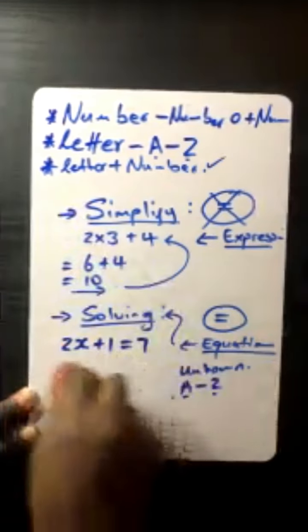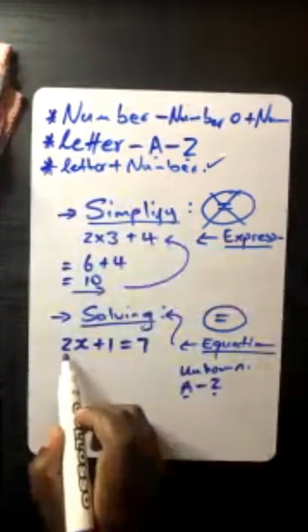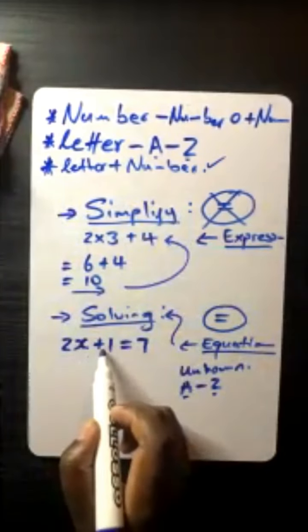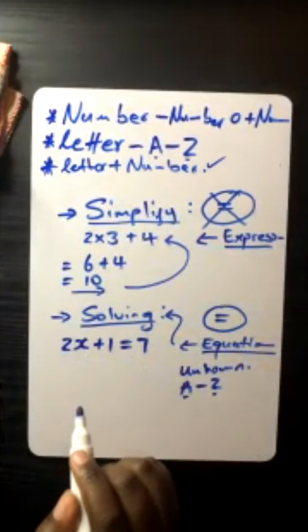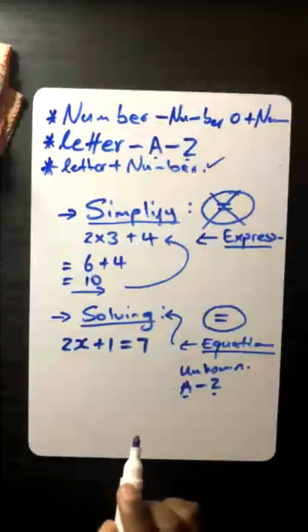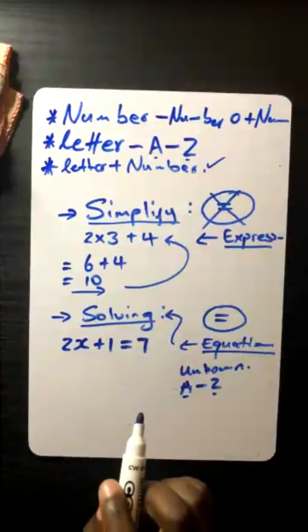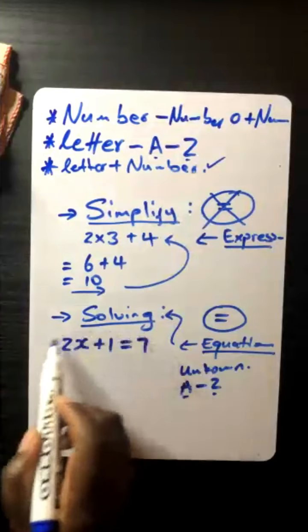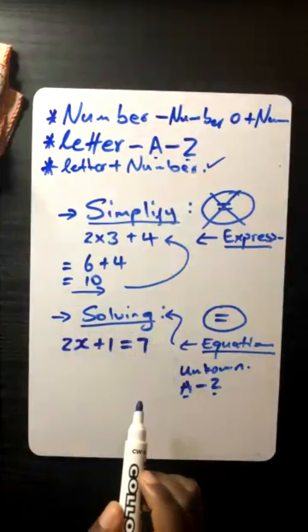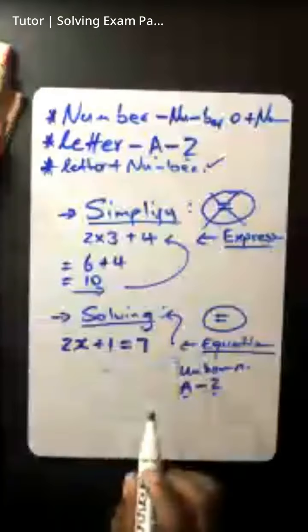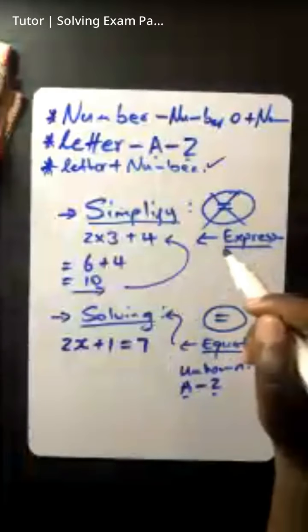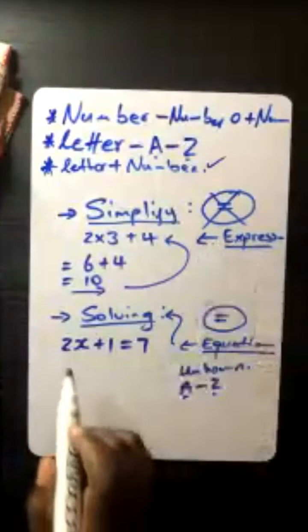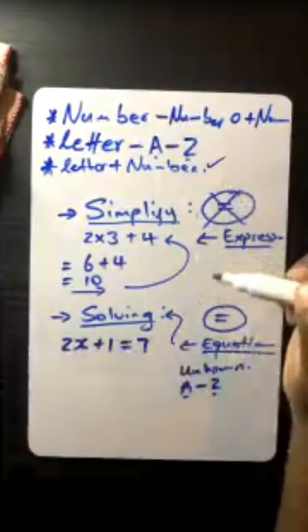The reason why I asked you what number when multiplied by 2 added by 1 will be equal to 7 is that I wanted you to have an idea of exactly what you're doing when you solve. So let's now follow mathematical procedure to solve or calculate for the unknown. Do you think you can solve that equation, Shreyas?